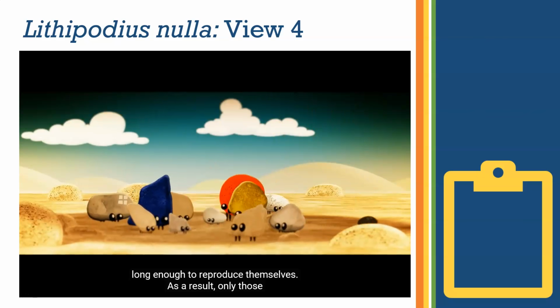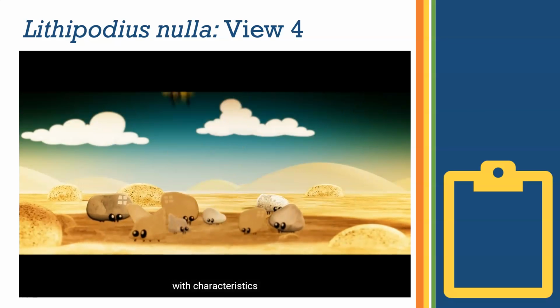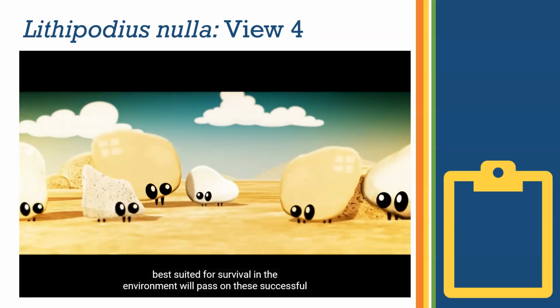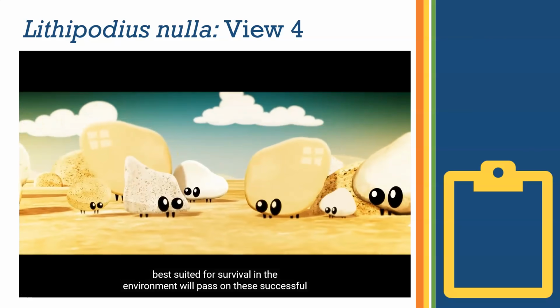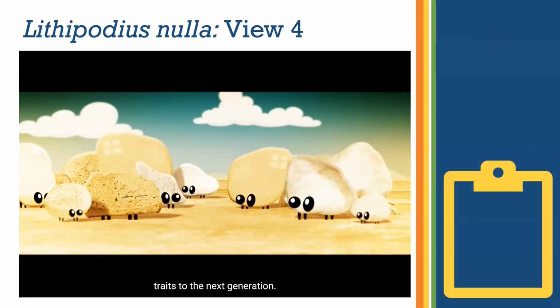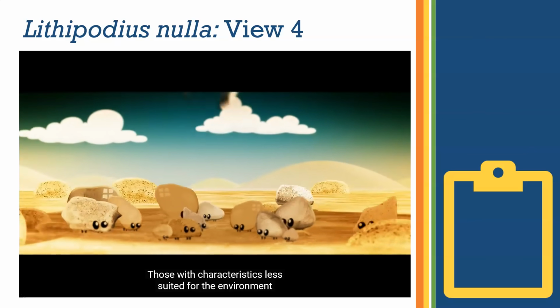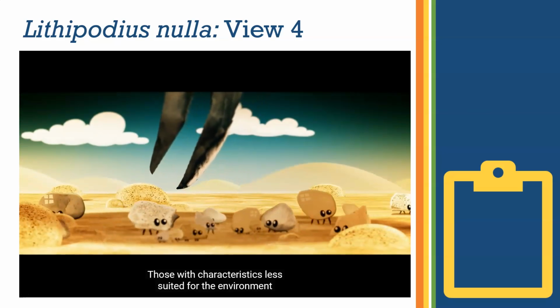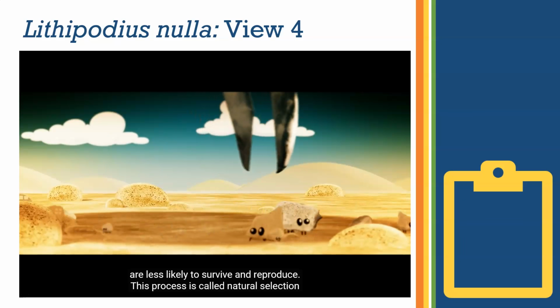As a result, only those with characteristics that are best suited for survival in the environment will pass on these successful traits to the next generation. Those with characteristics less suited to the environment are less likely to survive and reproduce.